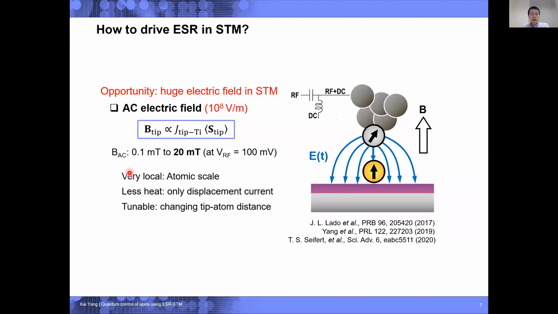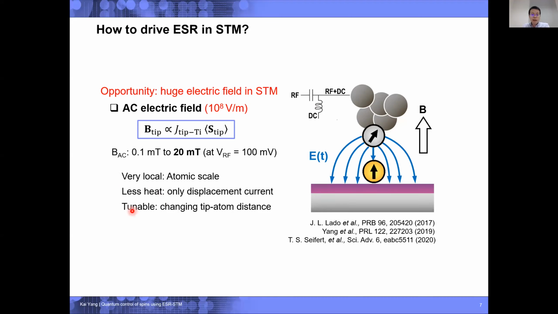There are three advantages of this electrically driven ESR technique. First, it is very local, because the AC field is only applied on the atom under the STM tip. Second, it produces less heat compared to, for example, running a 100 nanoamp current through a transmission line cable nearby.